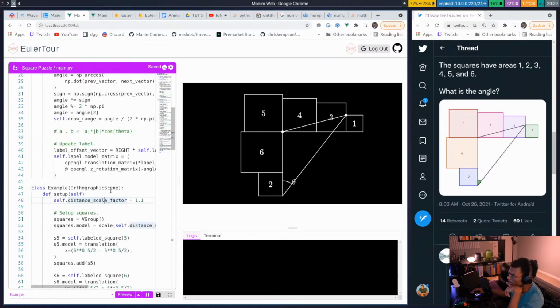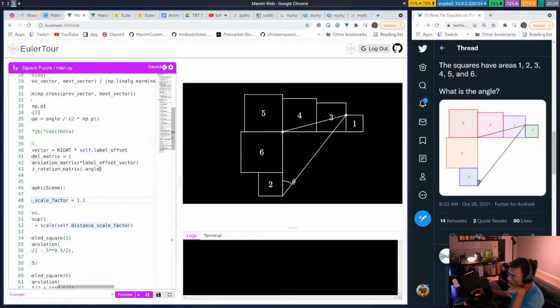But since I know I'm going to rotate it by angle over 2, I don't want it to be right side up. So why is this not minus angle over 2? That doesn't make sense to me. It's slightly wrong now.